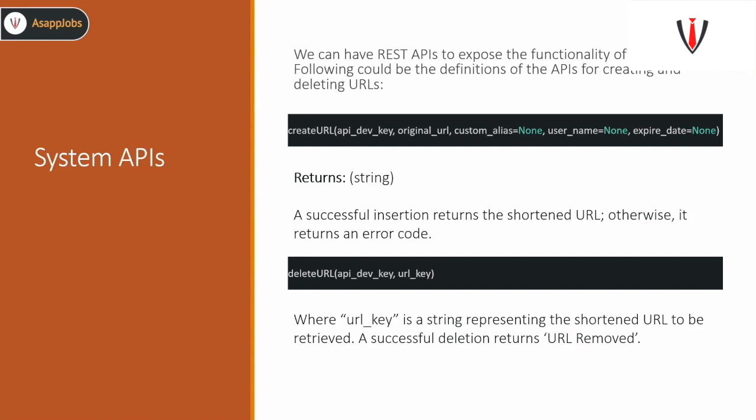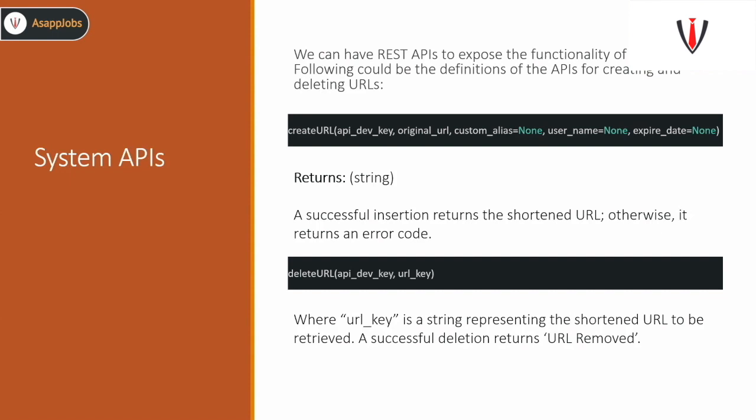Defining an API is pretty straightforward. You can think of it as a function call, in simple terms. Let's say you want to create a URL. We'll have an API dev key, some key to identify that user. Then there is the original URL that the customer is trying to shorten, and if he has any custom alias that he wants, or a username, and if there's an expiration date.